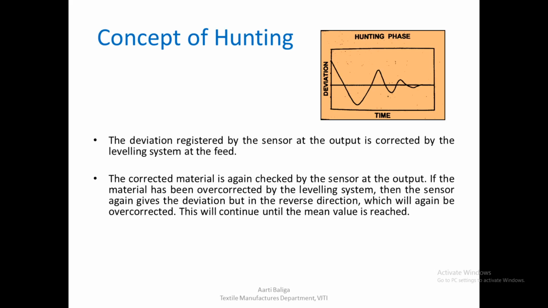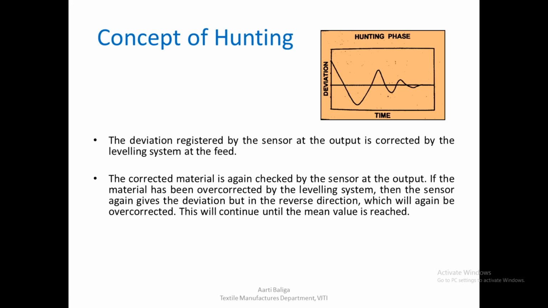After it passes through the auto leveler and the system completely, we might find that the system has overcorrected this thick place, and because of the overcorrection, that thick place has now become a thin place because of too much draft that is applied.